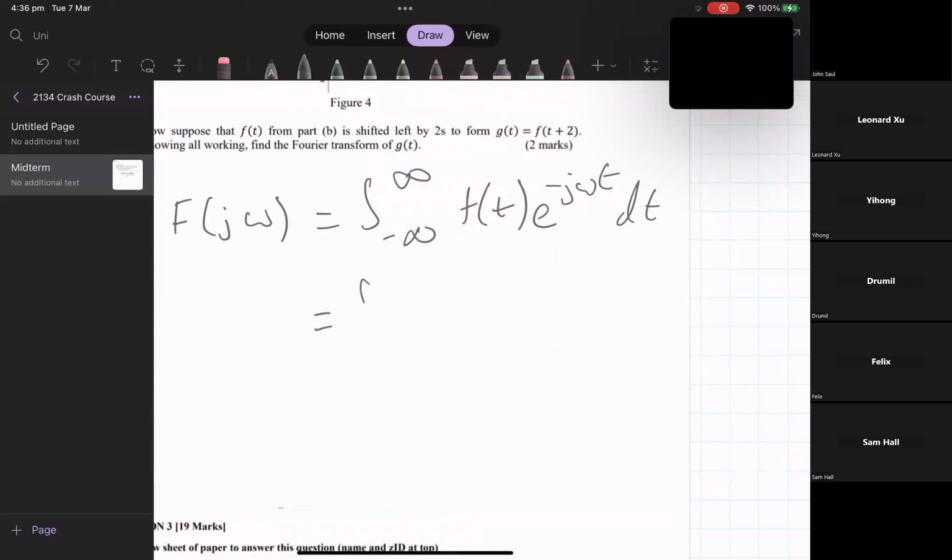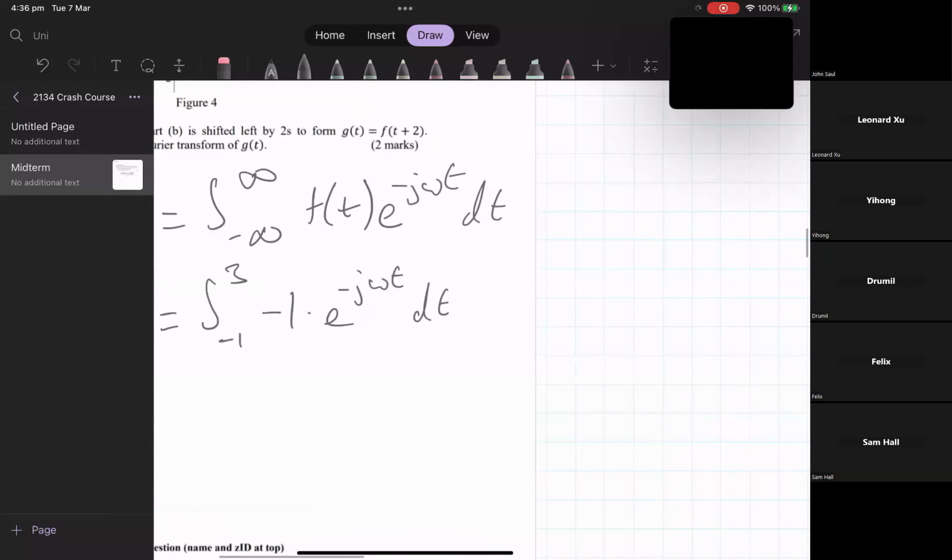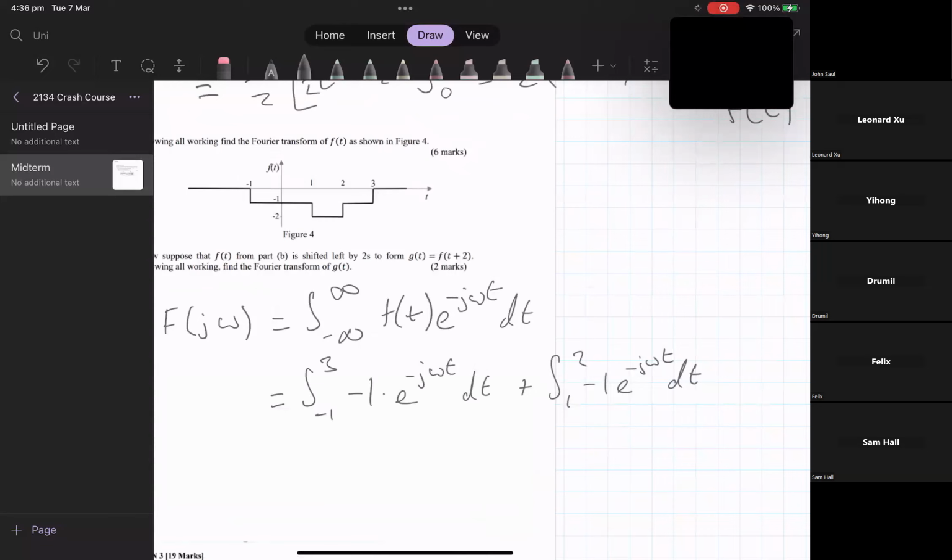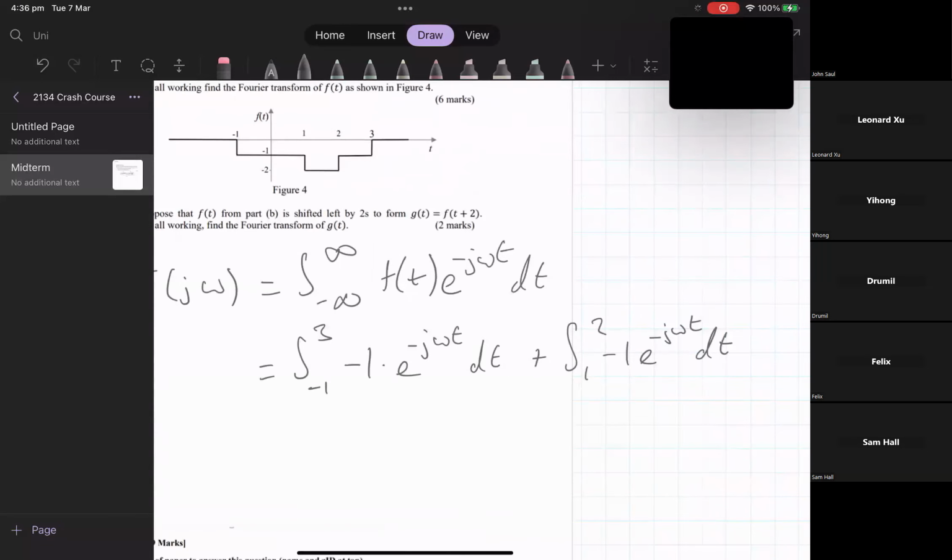So writing that here. The reason I split it up this way is you can see we've got two integrals that are basically the same function.